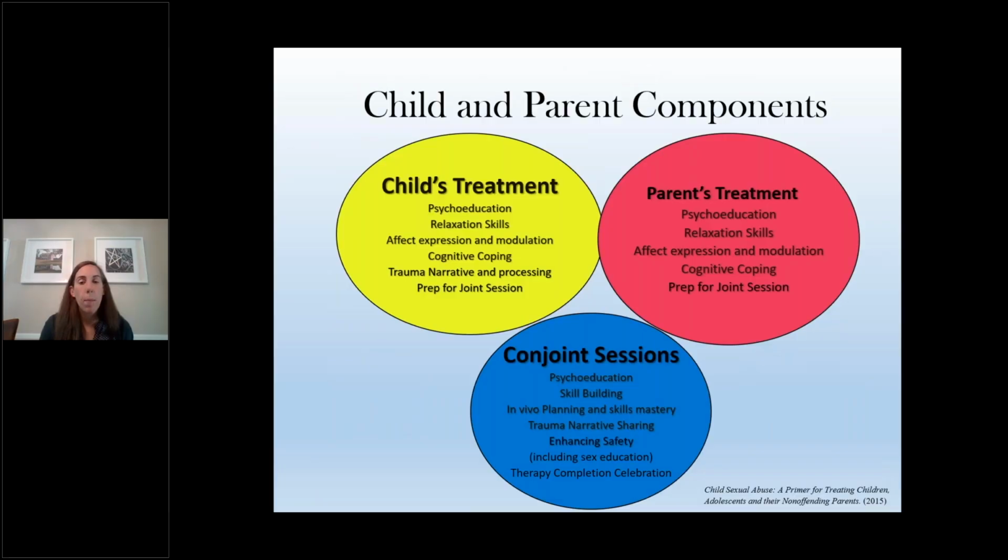a caregiver. A parent component is a part of every type of treatment. So we have the child's treatment and the parent's treatment, and they look pretty much exactly the same, except that within the child's treatment is the creation of the trauma narrative and processing the trauma narrative.